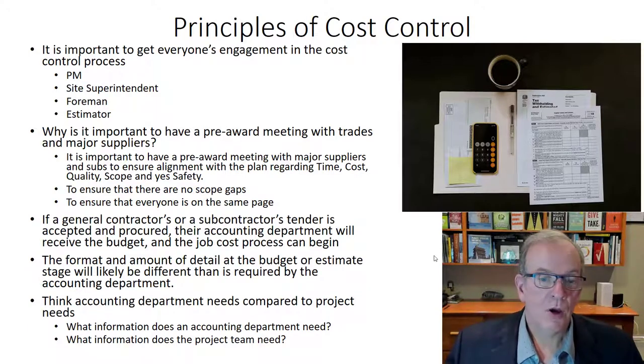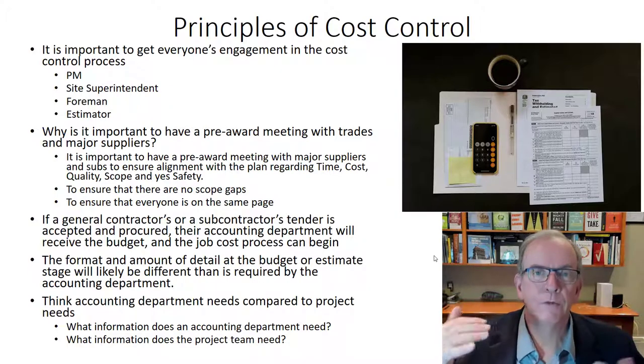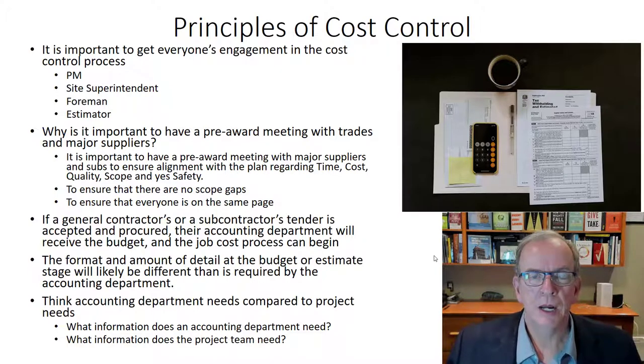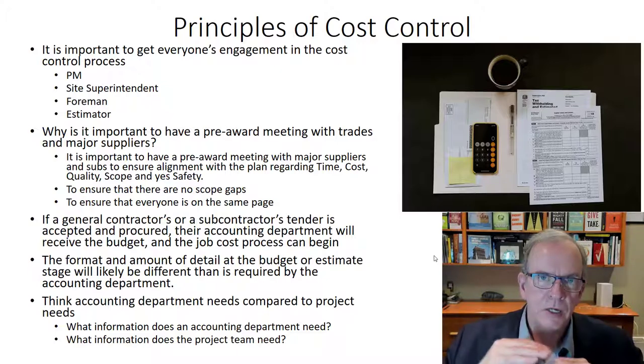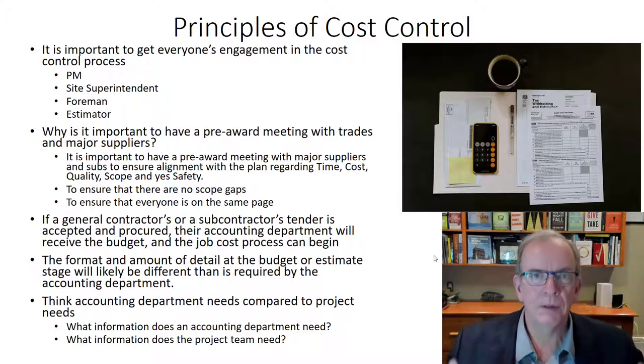If a general contractor's sub tender is accepted, their accounting department is now going to get their estimate, and the site team is going to develop a breakdown for the cost in the budget, right? So from estimating to the accounting to a discussion on the breakdown of the budget, reviewing the budget, making sure that it's in a manageable format is important.